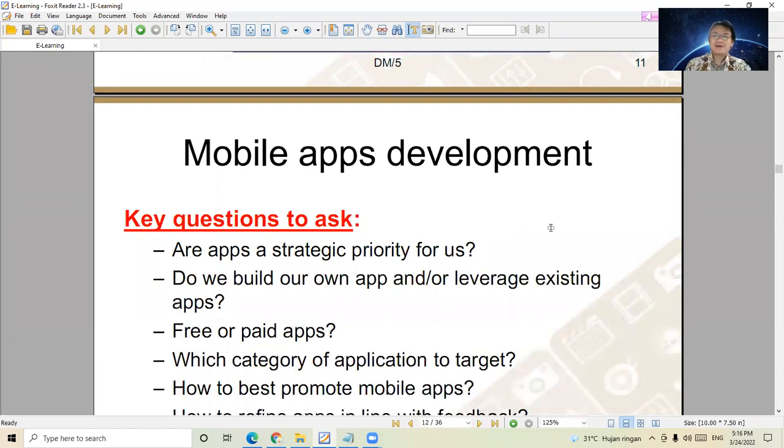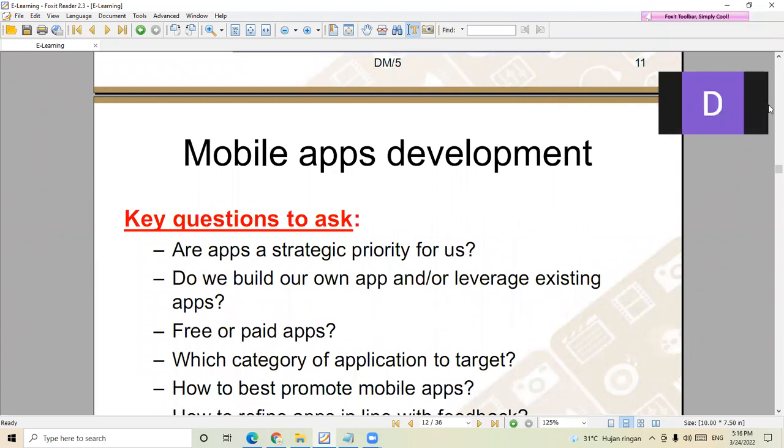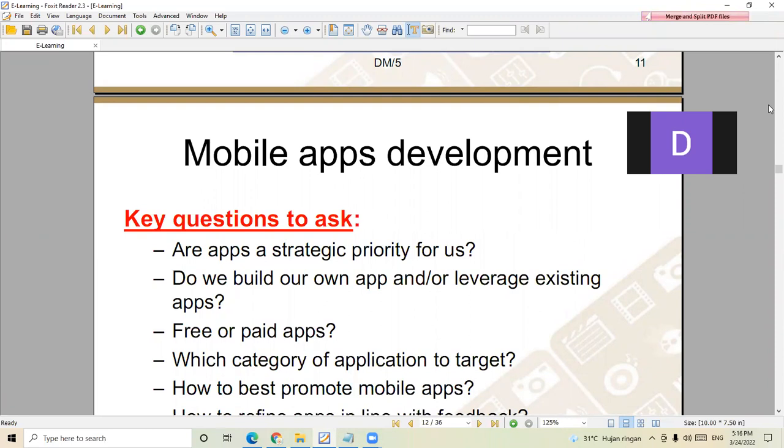I think you also have your own mobile apps, right? If I'm not mistaken, for Petra, I saw you have your own mobile application. Is that correct? Anyone want to tell me about that? Oh, yes, sir. It's true. We have our own mobile apps.